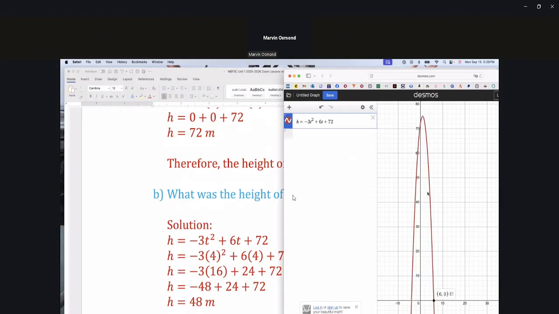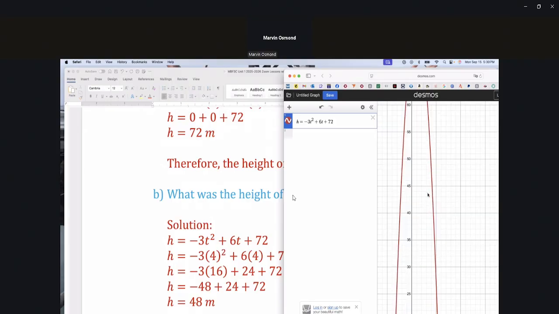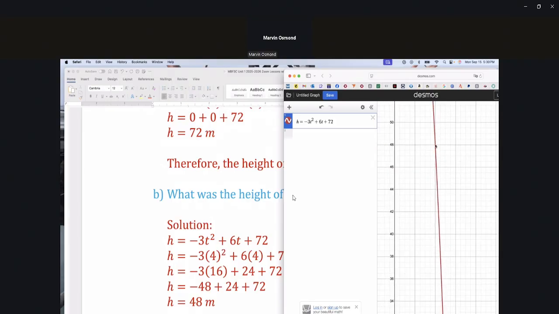After 4 seconds, the ball is at 48 meters. It's hard to tell here, but if we zoom in, 4 and 48. So after 4 seconds, the ball is at 48 meters above the ground.